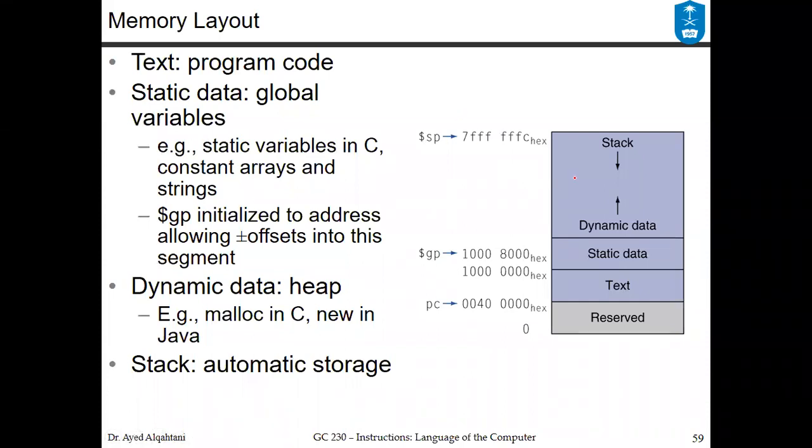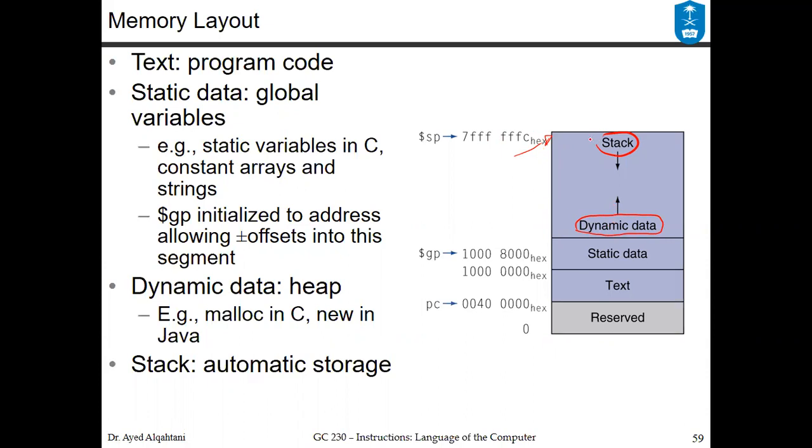For the memory layout, you should know that when the stack is empty, the stack pointer is pointing to the highest address, and then it is decremented. There is something called the dynamic data, or in the operating system, they call it a heap, and it works the opposite of the stack.